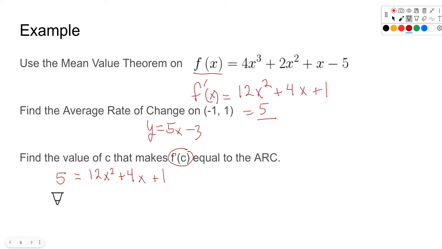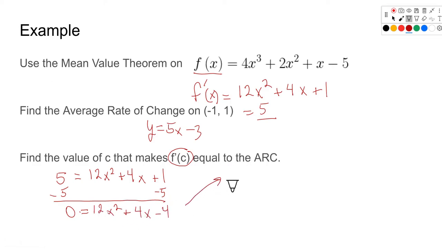So I'm going to go ahead and subtract 5 from both sides. And I get 12x squared plus 4x minus 4 is equal to 0. I can factor out a 4 from each of these, right? Wait a minute. Did I get that right?